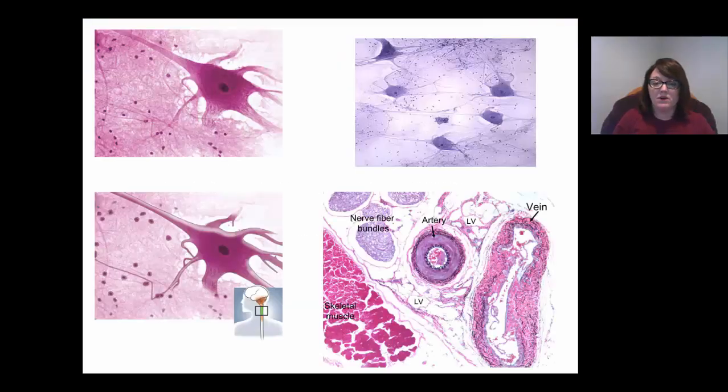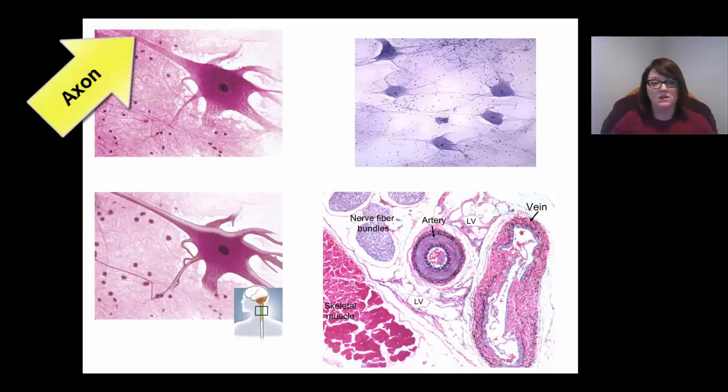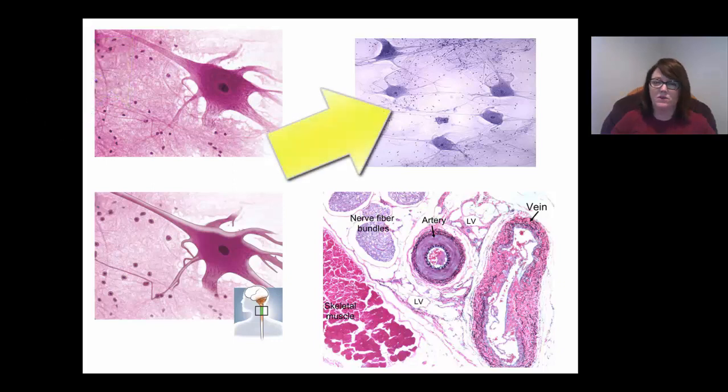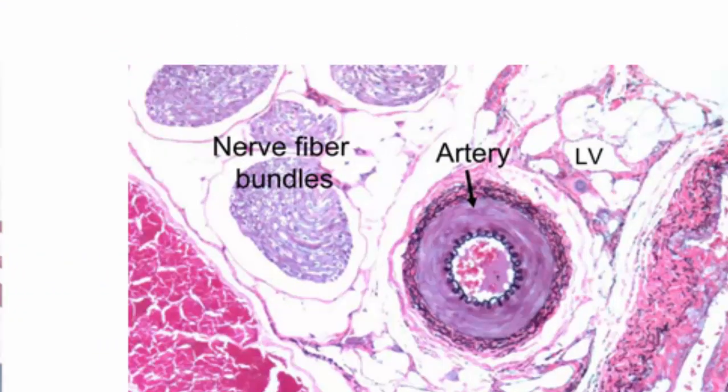Now, coming back to our histological slides, we can see axons on this neuron here. And over here, the axons are harder to identify. But coming back to this picture in the lower right-hand corner where we see our nerve fiber bundles, that doesn't look like much of anything.